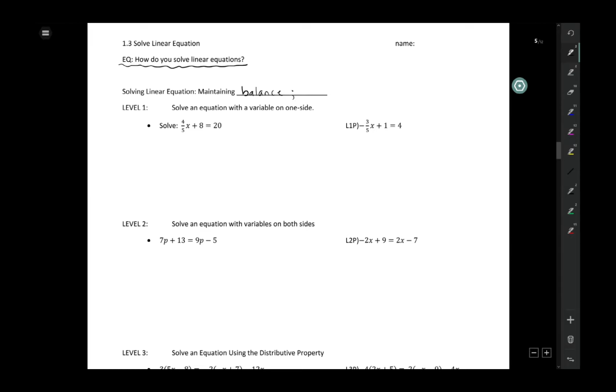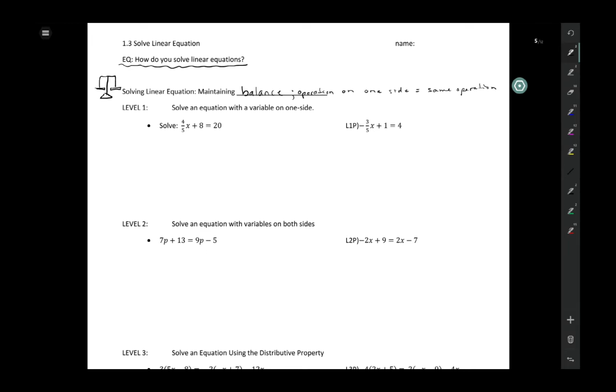Whatever operation on one side of the equal sign, you have to do the same operation on the other side. Same operation. Balance. A lot of times you could think of little scales, an old school balance, okay? You need to keep balance. Whatever you do to one side, you do to the other.